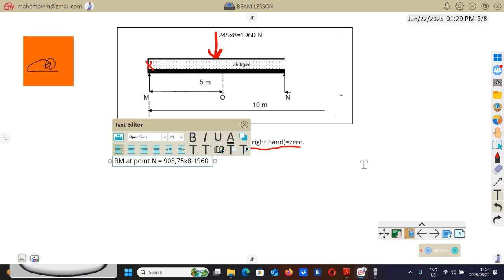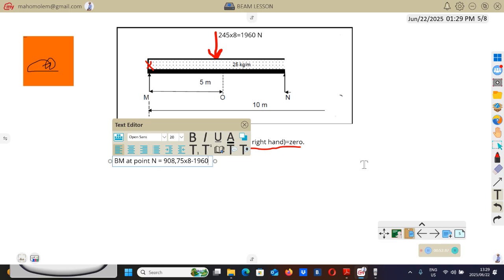So you just do this, you can see there on the calculation. Remember, once you change the UDL to point load, you put that point load halfway of that UDL. The total length of the UDL is 8, so halfway will be 4. So the distance from N to that red force there will be 4, halfway of the UDL.